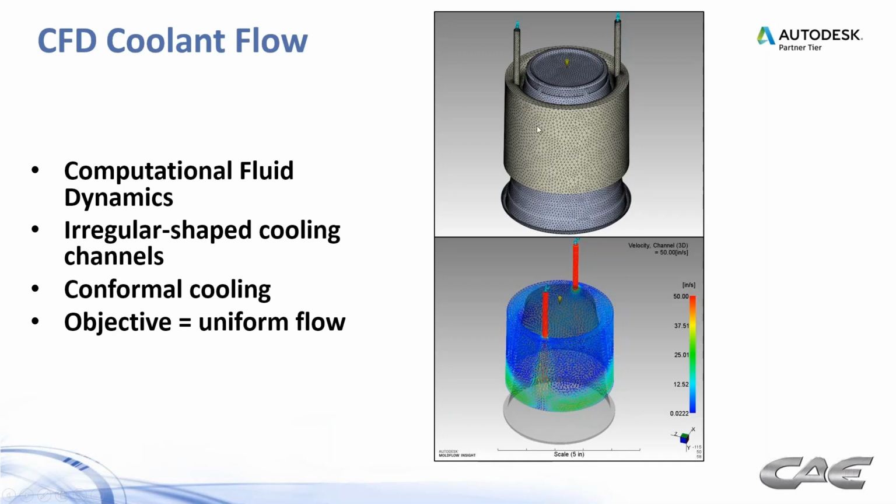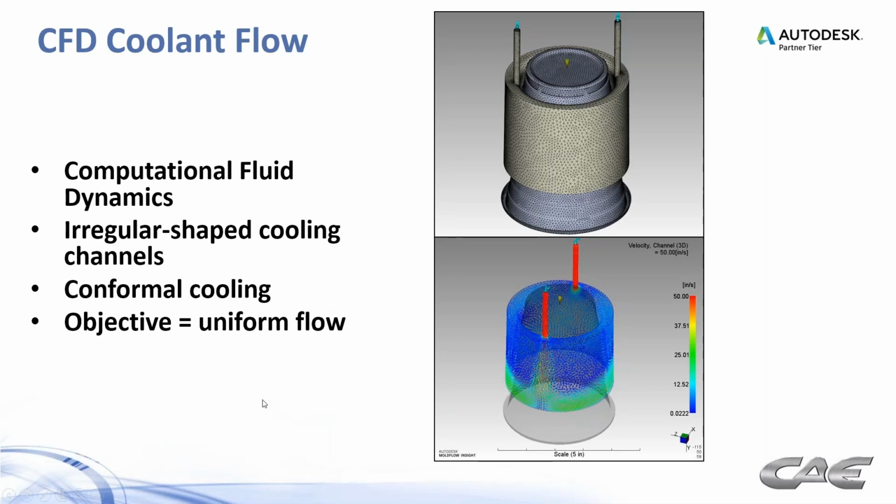Well, we can't really model that properly with beam elements, so we have to model it in full 3D, and it's an irregular shaped channel, and this is used a lot in conformal cooling. You have an odd shaped part, and you're trying to conform the cooling channel to the shape of the part. So sometimes you have to go to an irregular shaped channel.